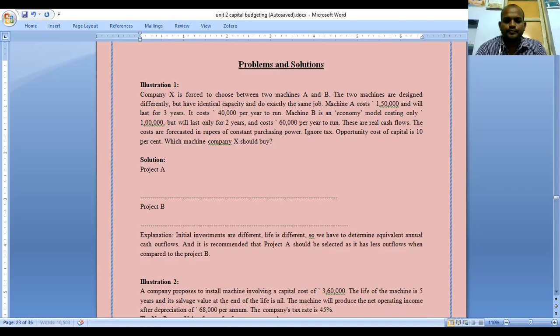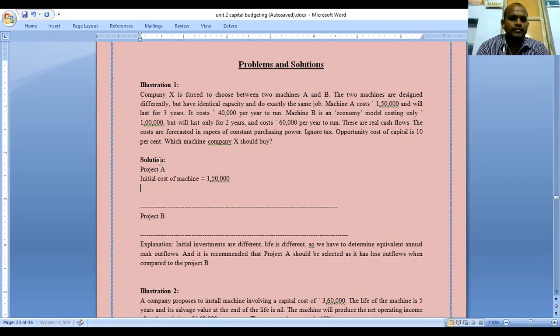Project A. So, what are the exact costs involved in project A? Initial cost of the mission, 1,50,000. And then what is the additional cost? We have to convert it into present value.